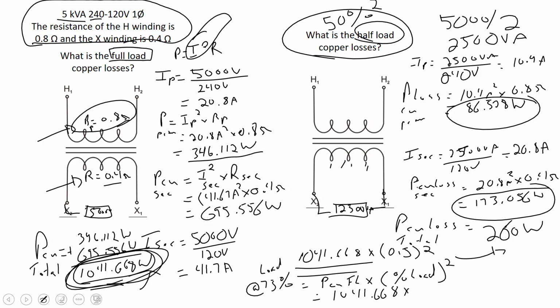And if I want to know at 75% load, I times it by 0.75 squared. 1041.668 times 0.75 squared equals approximately 586 watts at 3/4 load, or 75%.